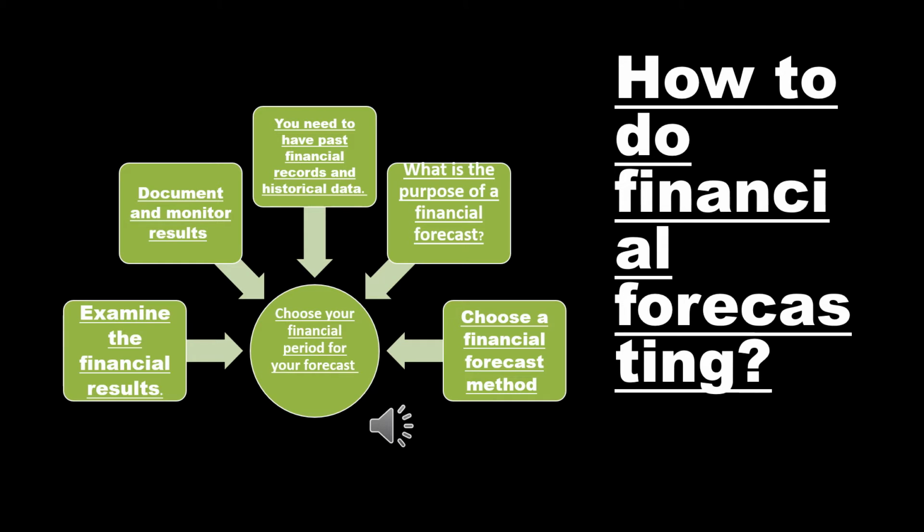You need to have past financial records and historical data. One of the main elements of financial forecasting is analyzing past data. Therefore, it is essential to gather all relevant data and records, things like revenue, losses, liabilities, investments, equity, expenses, comprehensive income, earnings per share.